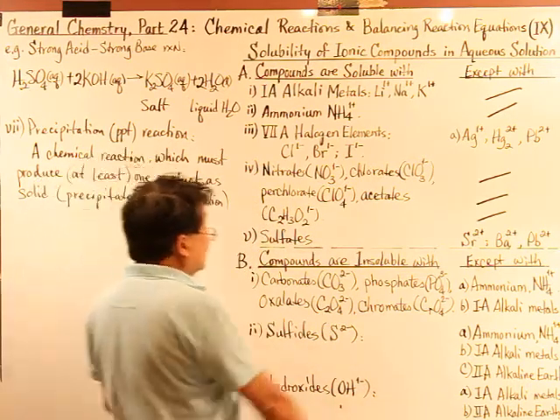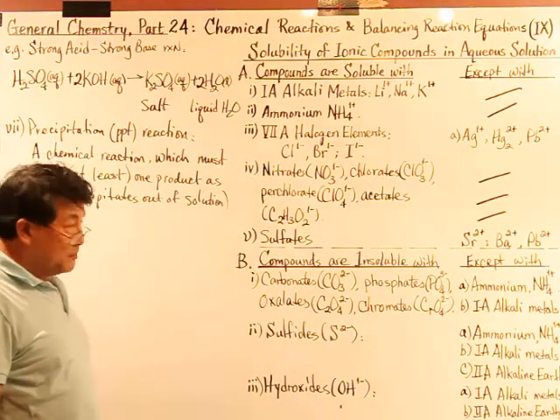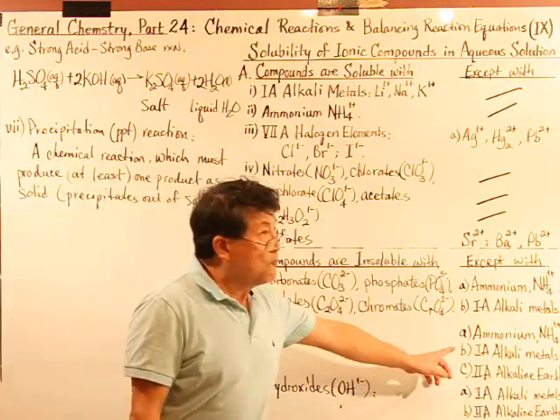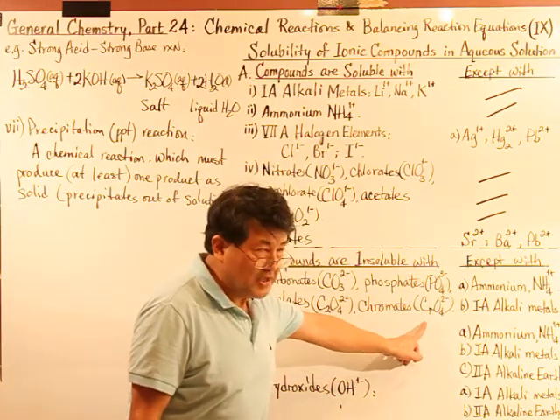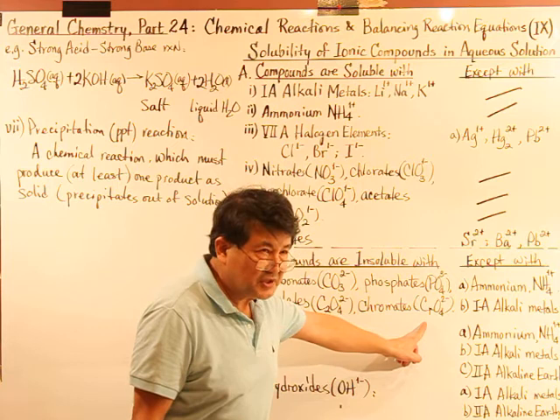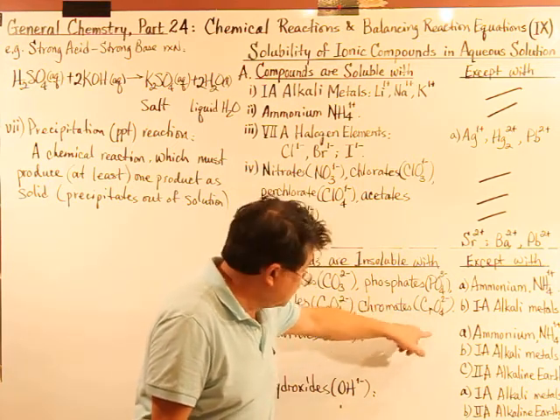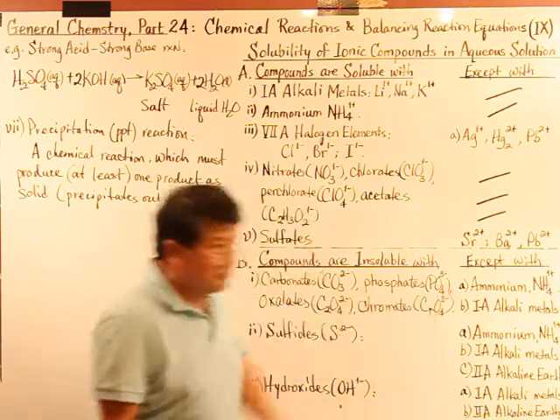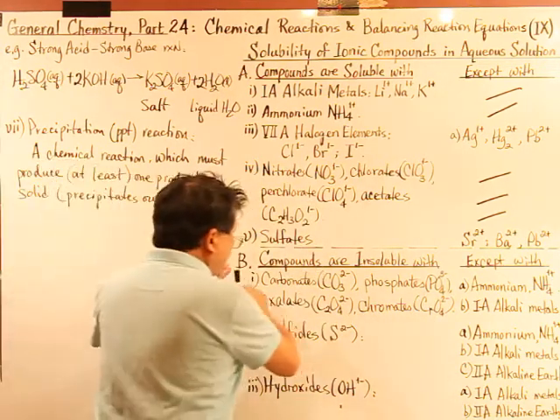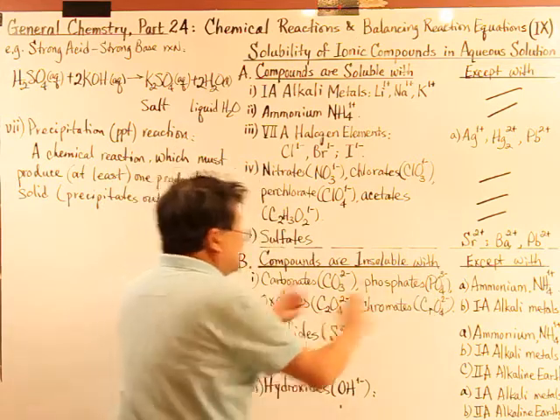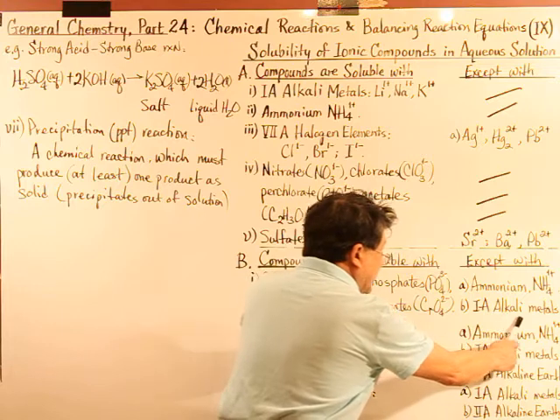And then here is chromate. Chromate is chromium based, CrO4 2 minus. What's the oxidation state for chromium? +6, and 4 oxygens at -2 each is -8, so the total is 2 minus. Those are all insoluble with anything else except with ammonium or first-family alkali metals.